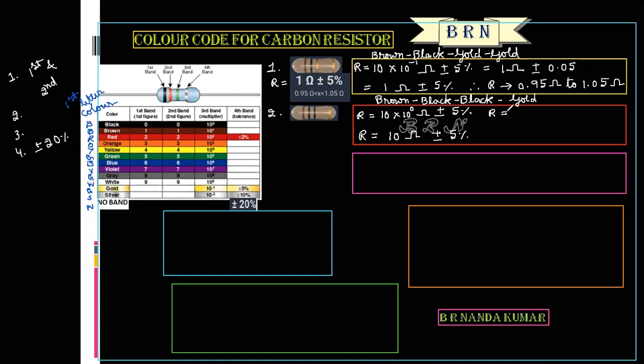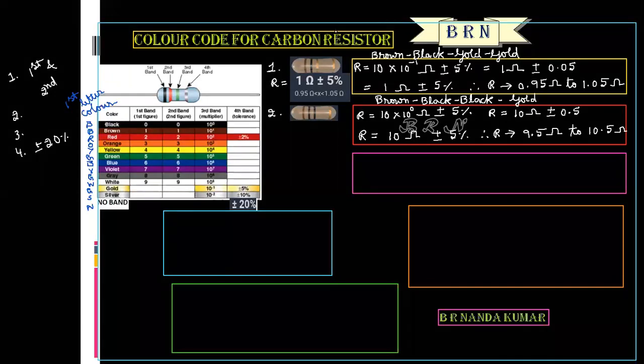So R is equal to 10 ohm plus or minus. So 5% of 10 is 10 by 100, that is 1 by 10, 0.1 into 5, 0.5. This is 5% of 10. So therefore, the resistance lies in between 10 minus 0.5, that is 9.5 ohm, to 10.5 ohm.